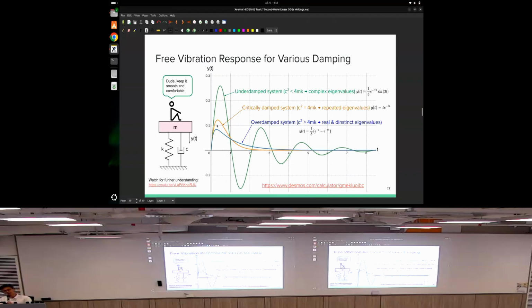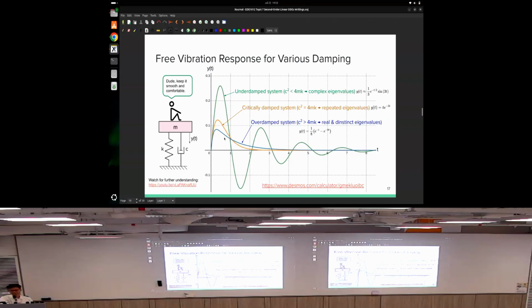So you get the orange or yellow curve. If you increase the damping coefficient further to 10 Newton second per meter, as we have seen in the last slide, we get exponential decaying terms, shown by the blue curve.